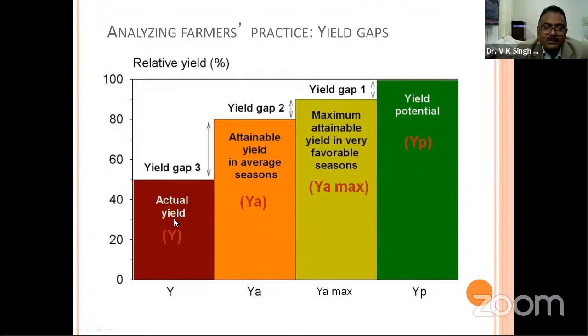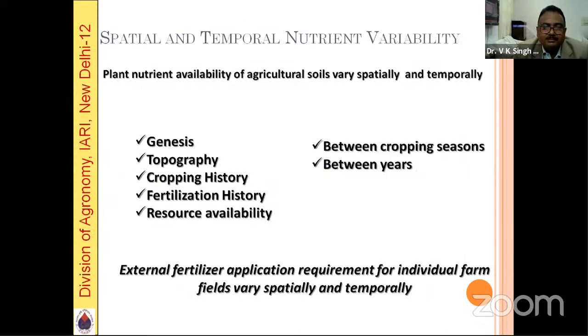And here the farmer is getting the actual yield. So our focus is this attainable yield. Attainable yield means you go to a village and see what the farmer is getting with the best management practices. So the target of precision nutrient prescription is attainable yield.